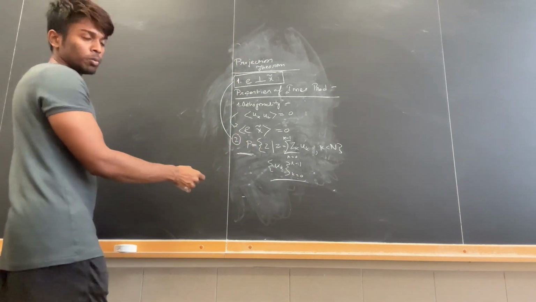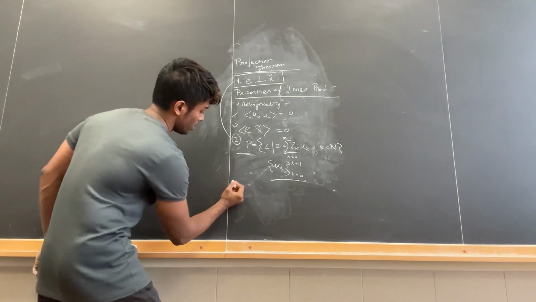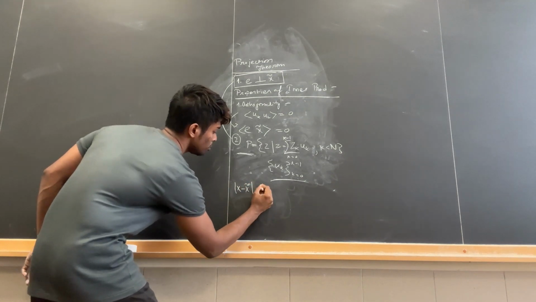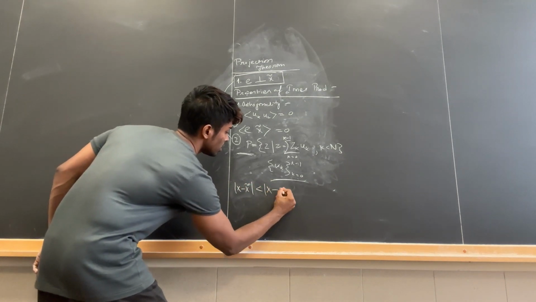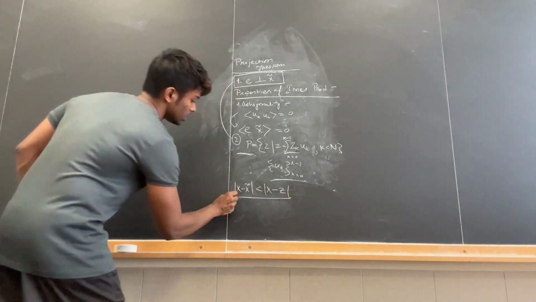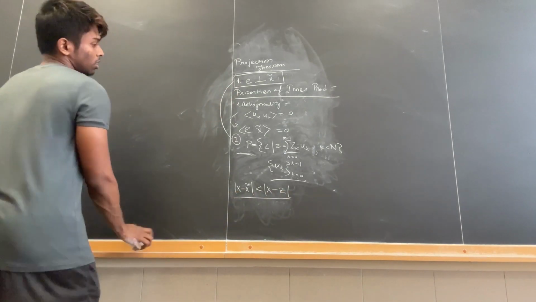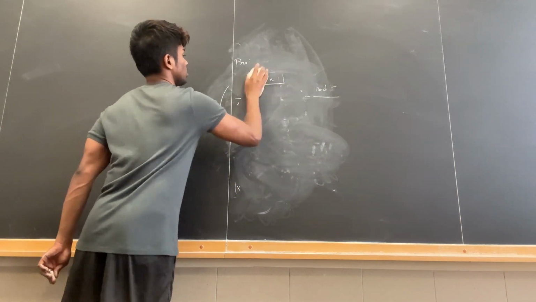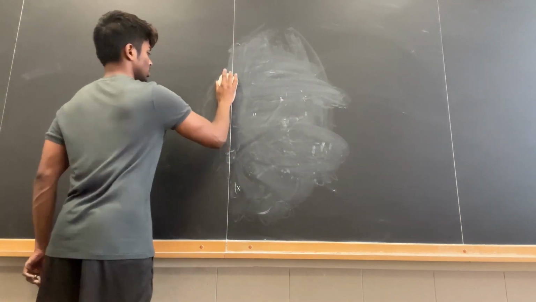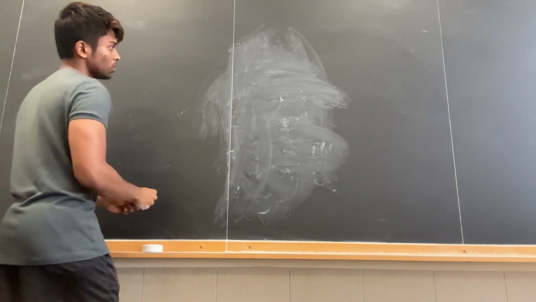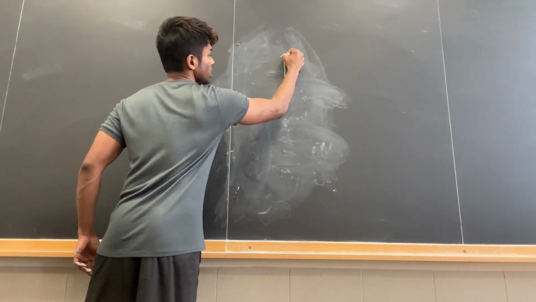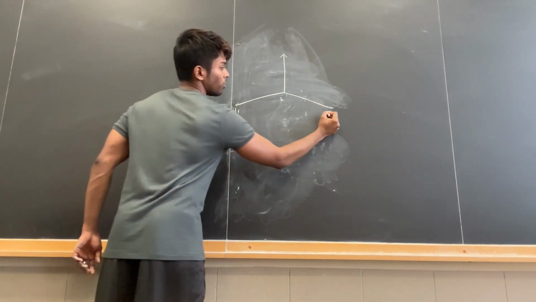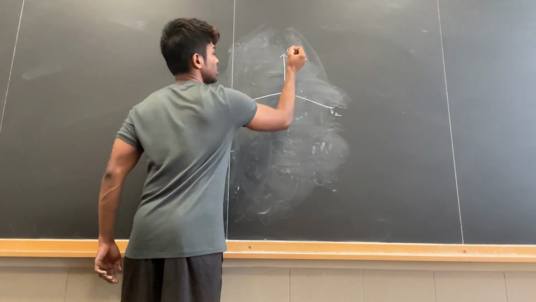Then the second part of the projection theorem says that the norm of x minus x tilde should be less than the norm of x minus z for all such z. And geometrically, the projection theorem leads to this idea. Suppose we have a three-dimensional space where we realize the vector x.